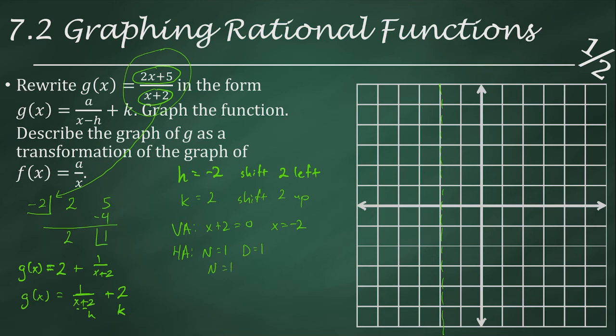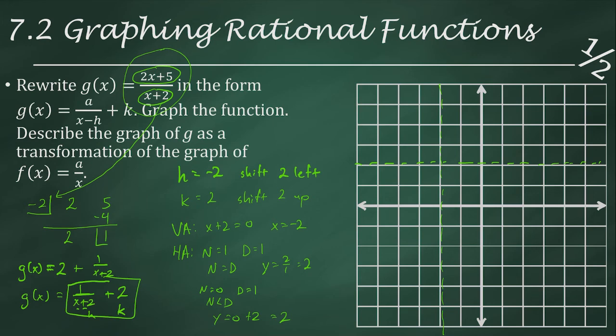So n equals d, which means it's the leading coefficients, which would be 2 over 1 or just 2. If instead we used the adjusted one down here, n would be 0, d would be 1. So that's y equals 0, but we have the plus 2 at the end, so we'd add 2. So you still get y equals 2.